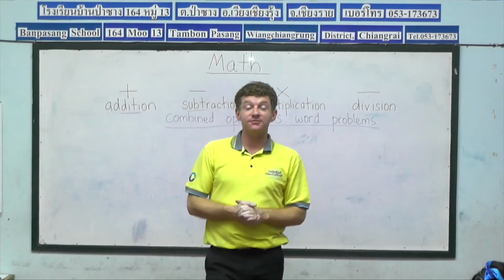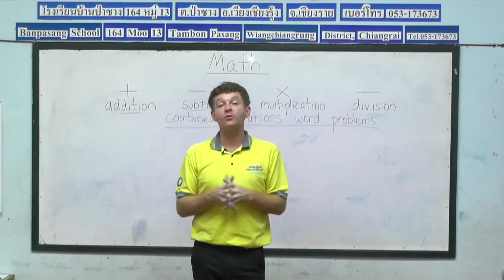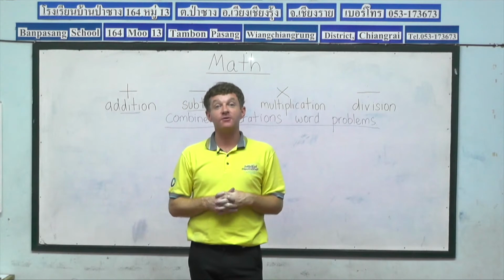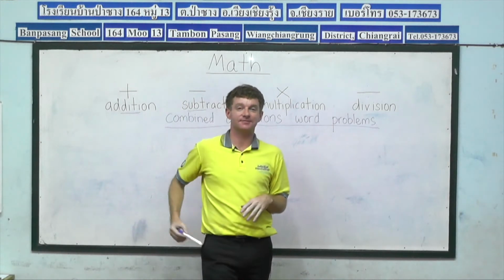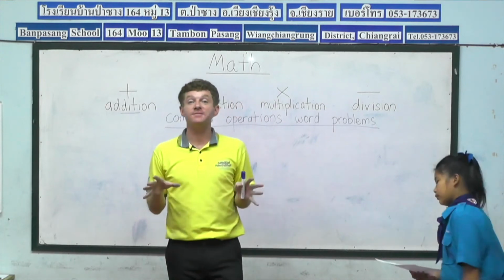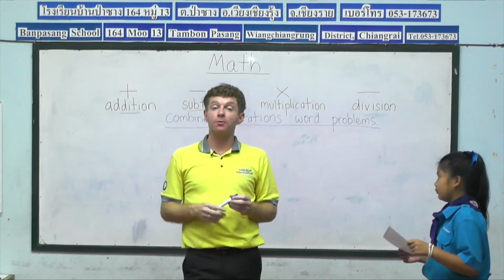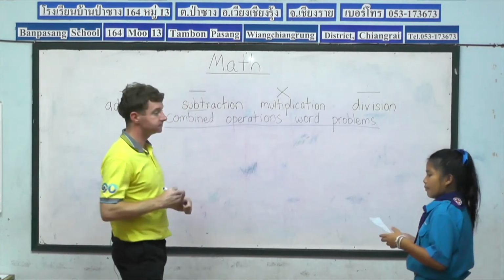And teacher says, it's now time for our students to come forward and present their own combined operation word problems. So what we'll do first is we'll invite Lak Gao. Can you please come and join me at the front of class? And Lak Gao will now read out her combined operation word problem. I will write it on the board and then we can answer them together. So ready, Lak Gao?